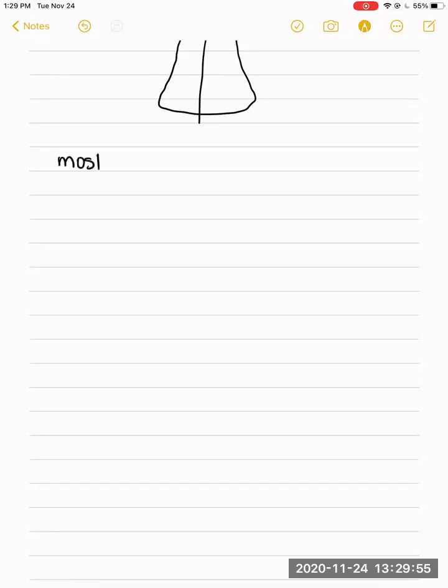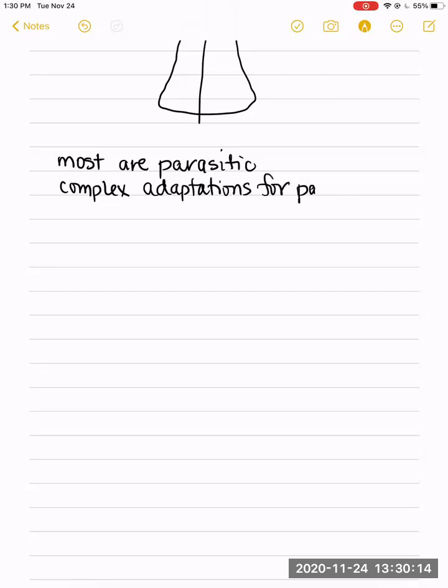Most of them are parasitic, meaning they have to have a host in order to survive, and they have some complex adaptations for parasitism, such as hooks and suckers for holding on to the intestines if that's where they're living.